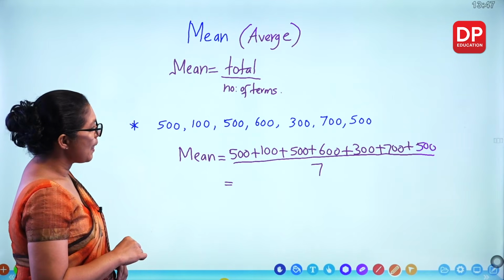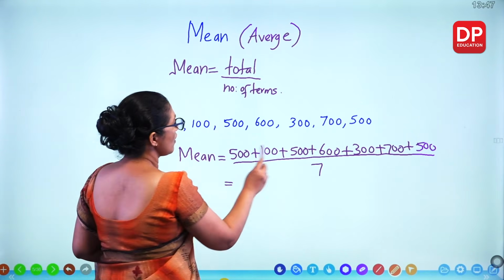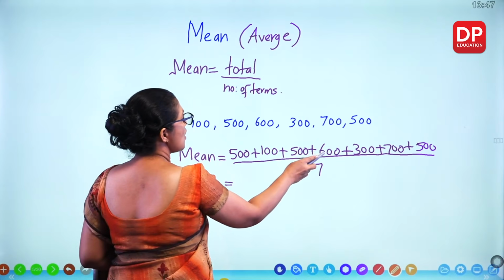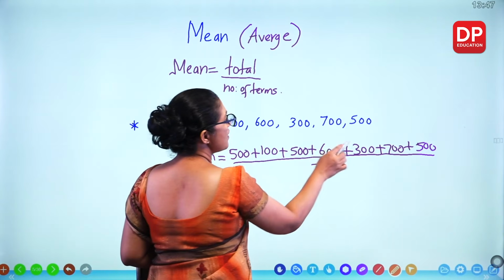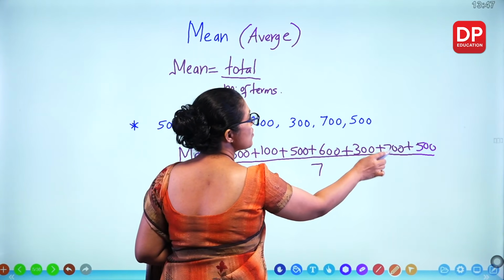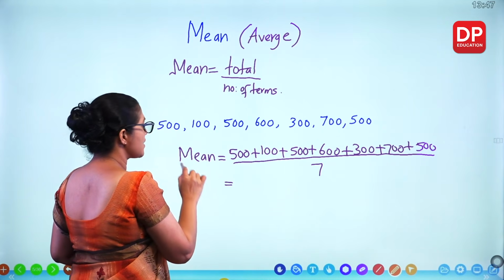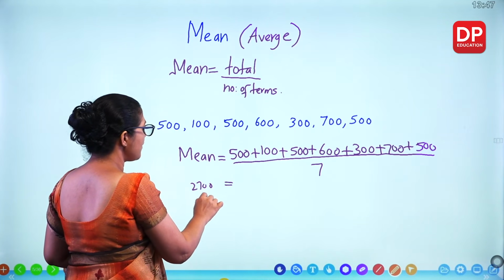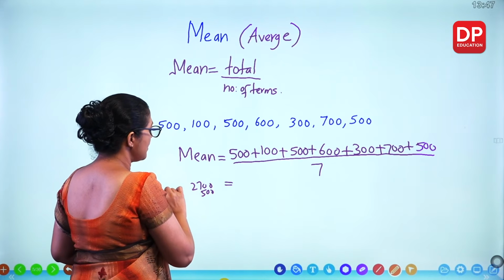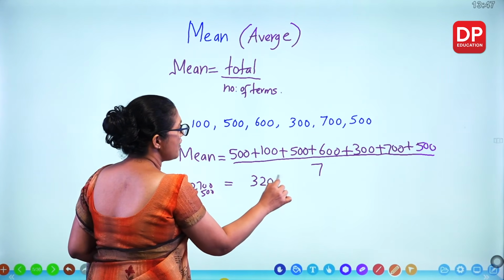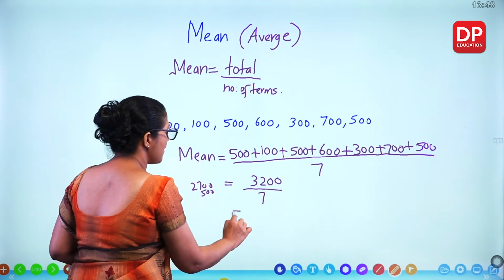What's the total? 1000, 1600, 1700, 2000, 2700 plus 500, 3200 divided by 7.